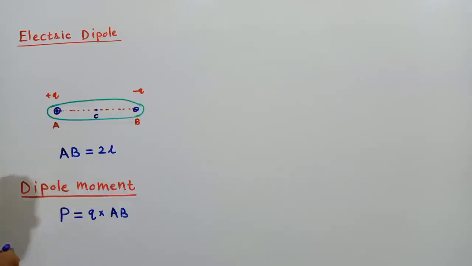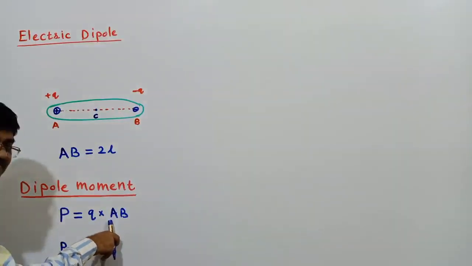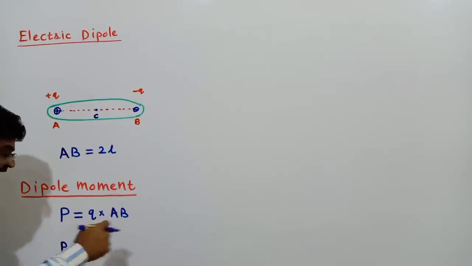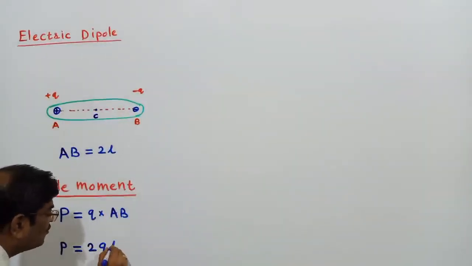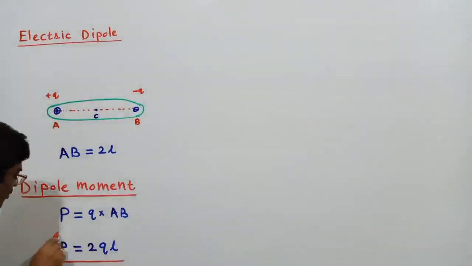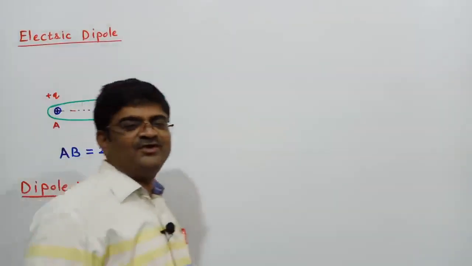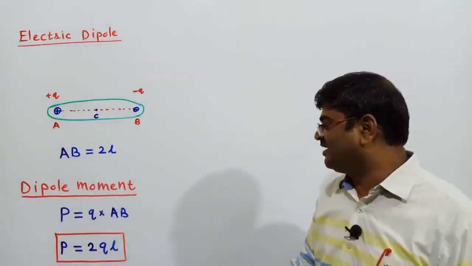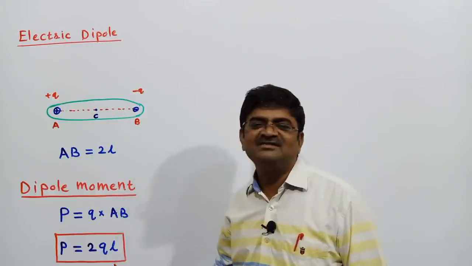So I can write the dipole moment equals, how much is this? 2L into Q. I write this in a specific order: 2QL. So here I have got one important expression now. The dipole moment is given by the equation 2QL. So when you happen to calculate the dipole moment, simply refer to this relation.